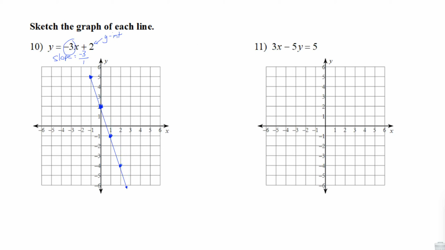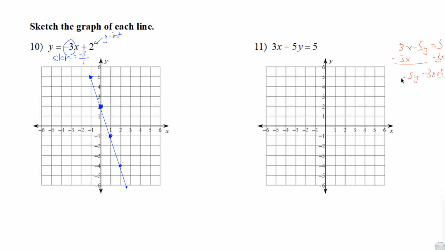The next one is not in slope-intercept form, so we're going to put it in slope-intercept form. We do that by solving for y. So we could rewrite it over here: 3x minus 5y equals 5. We would subtract 3x from both sides, and we get -5y equals -3x plus 5.